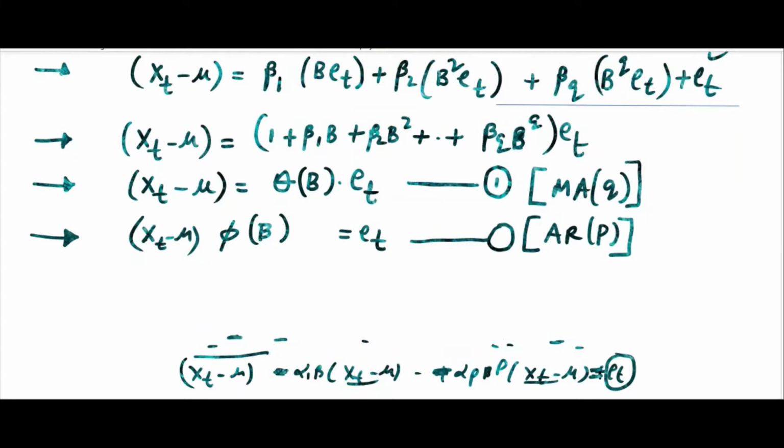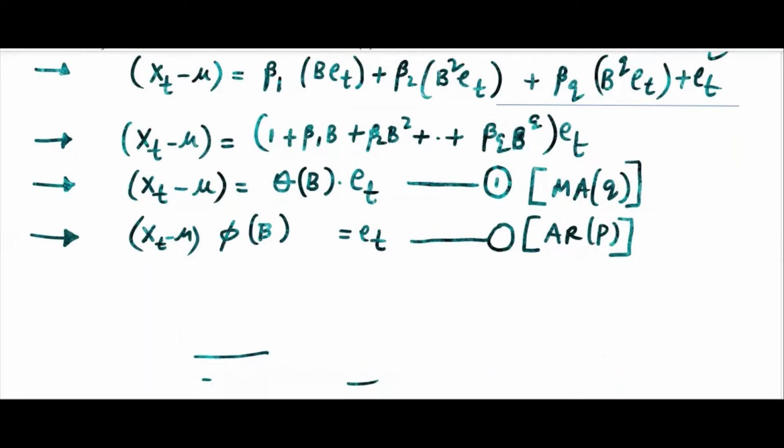Now we'll consider the general process, which is ARMA, ARMA(p,q). How do you need to write the ARMA(p,q) process?